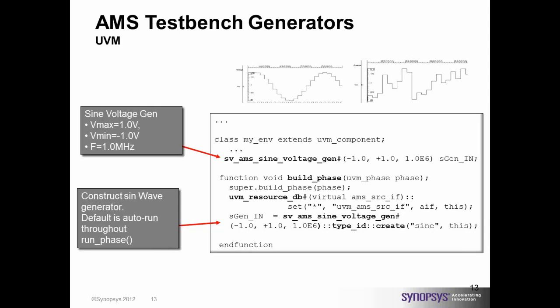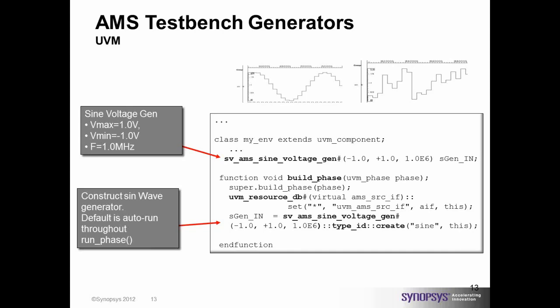As you can see, this is a very typical UVM environment where the environment extends from UVM component. It instantiates a sine voltage generator, which the library provides, with Vmin and Vmax as plus minus 1 volt, and the frequency as 1 megahertz, right? And then during the build phase, it creates that particular generator, right?